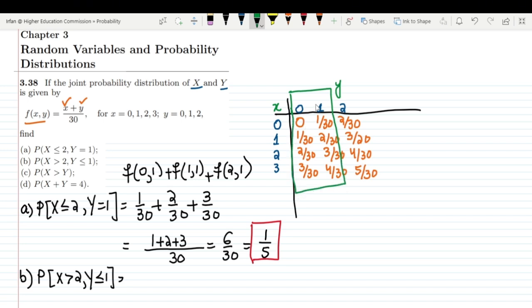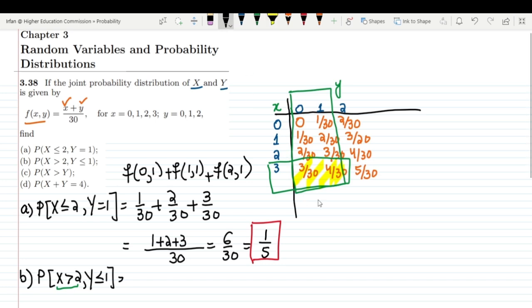Now looking at the other condition, x is greater than 2, so x is 3. Therefore only this condition will be satisfied, because here y is less than or equal to 1, and here we have x greater than 2, which is 3.